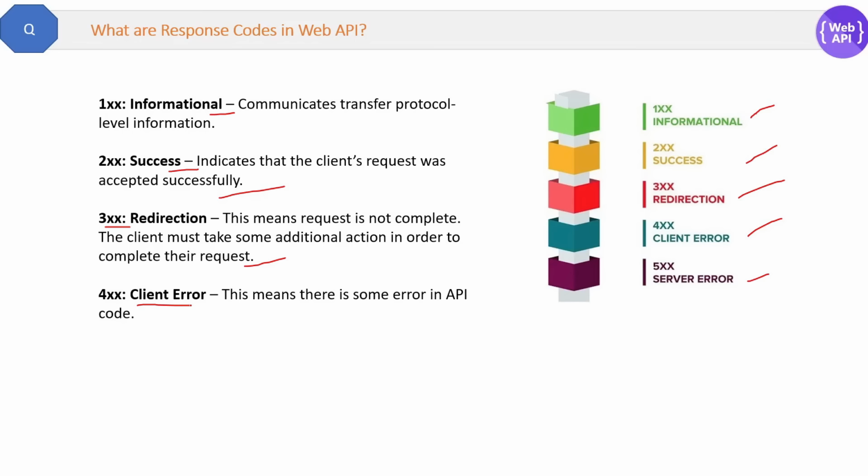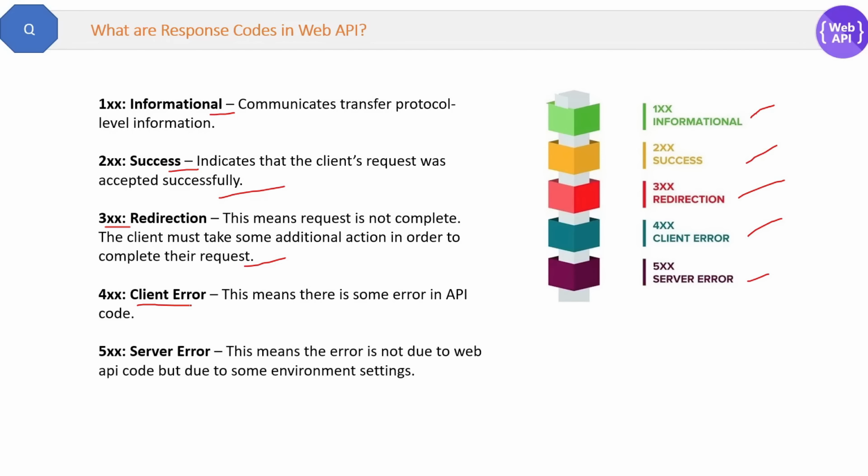The next and the last one is 500 or 501 or 502, which stands for basically server errors. This means the error is not due to the Web API code, but due to some environmental settings.